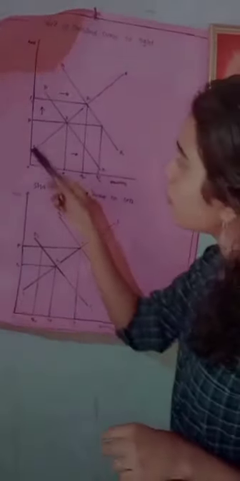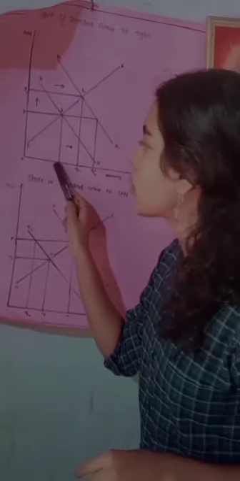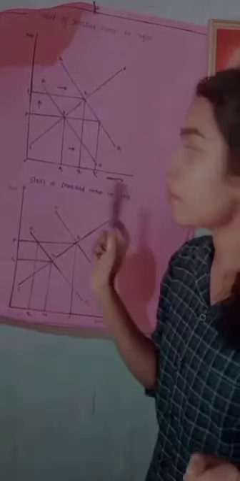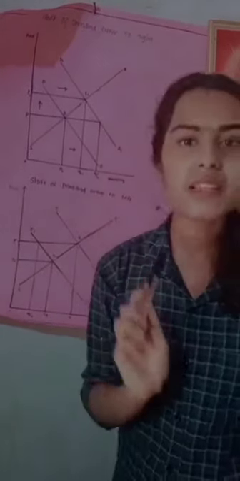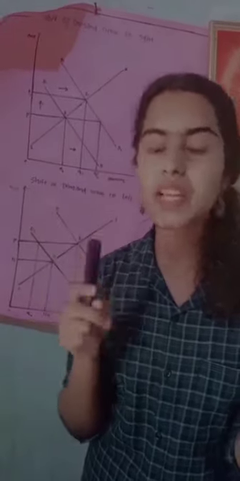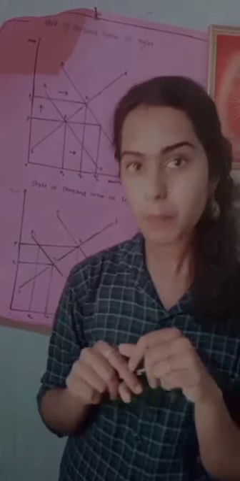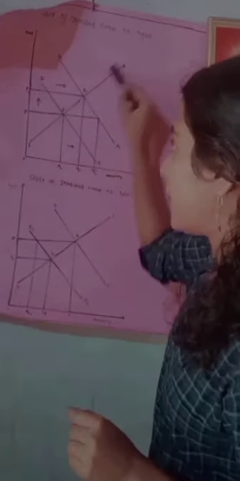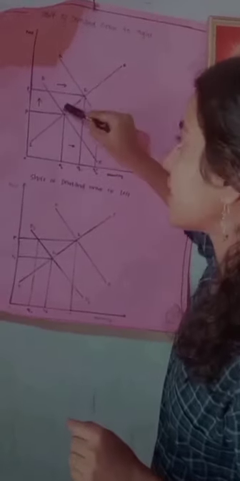OP is the initial price and OQ is the initial quantity. E is the equilibrium at this point. Equilibrium is the point where the demand curve and supply curve intersect.